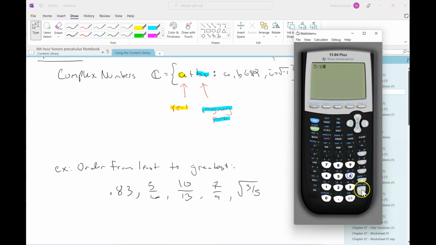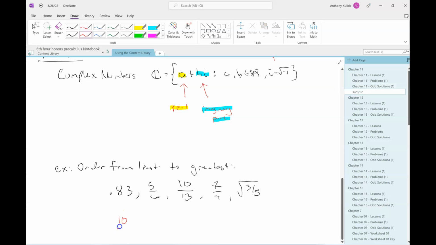So 5/6 is a little bit bigger than 0.83, 10/13, the smallest one so far. 7/9 is a little bit bigger. And then the one that we weren't sure about, the square root of 3/5, is not the smallest, right? So what do we have?